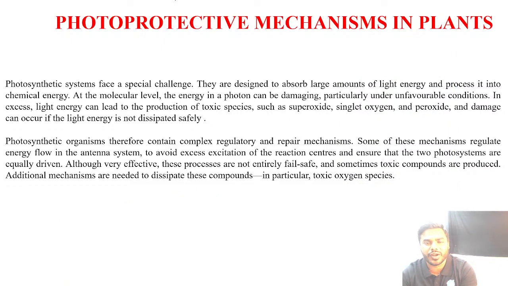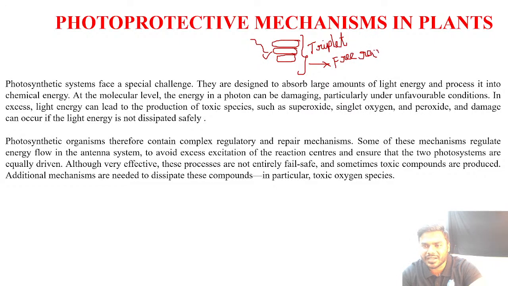Listen to me carefully. Whenever chlorophyll molecules absorb light continuously, the chlorophyll molecules get excited. Excited chlorophyll molecules can form a triplet structure, and this triplet structure has a longer lifespan. This triplet immediately activates several free radicals.